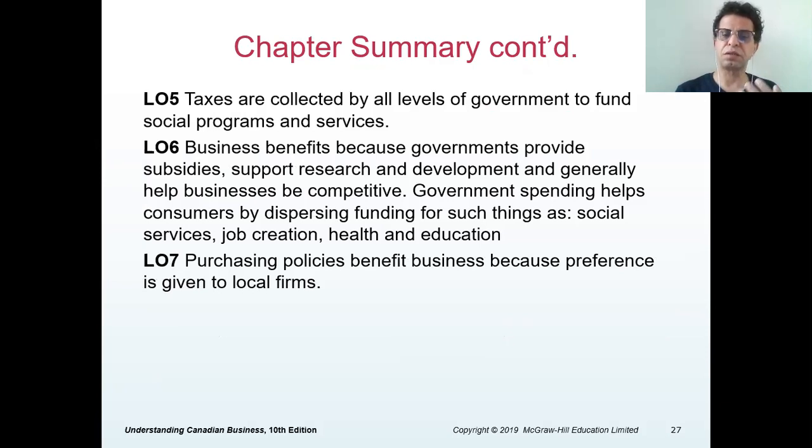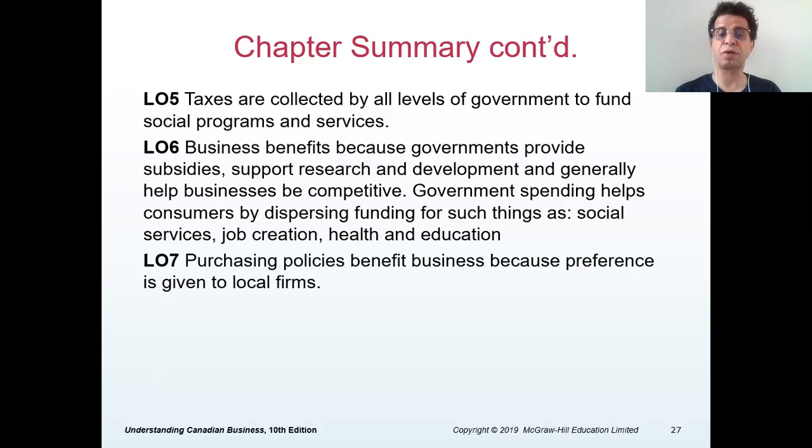We spoke about taxes, which are collected by all levels of government to fund social programs and services. Business benefits because the government provides subsidies, supports research and development, and generally helps businesses be competitive.